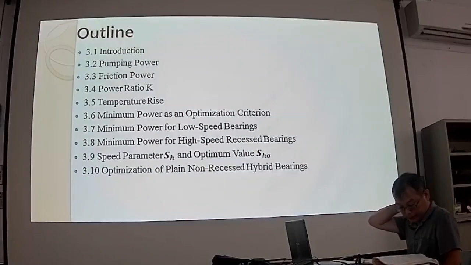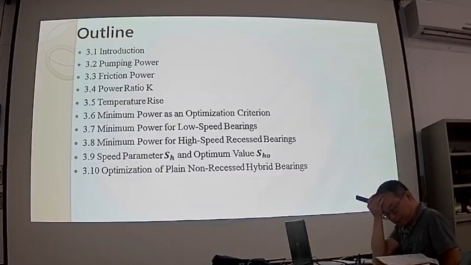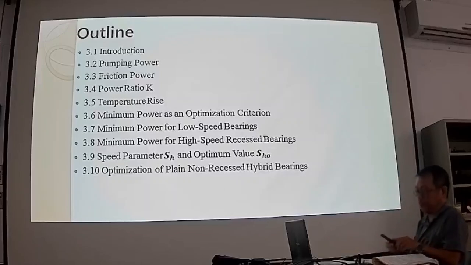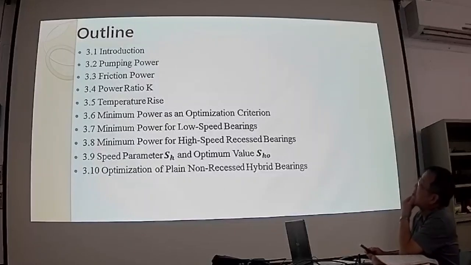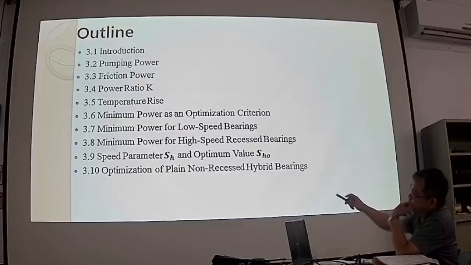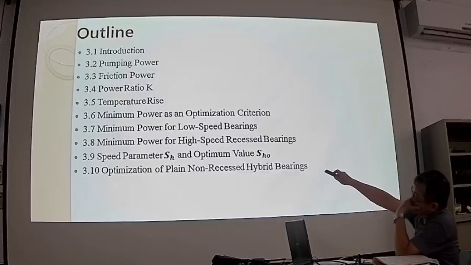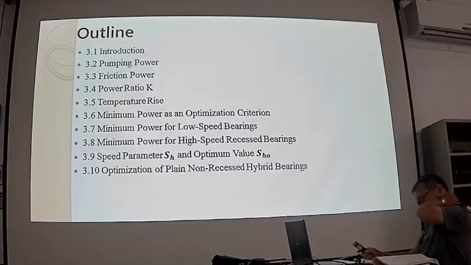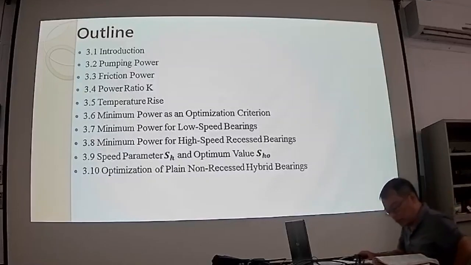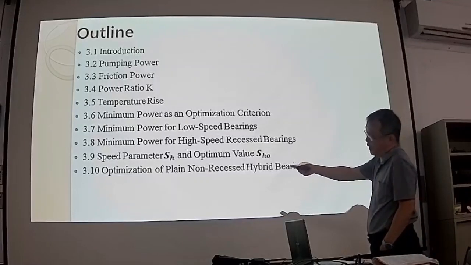Today we will continue to discuss the design of some parameters for the bearing test. Last time we talked about using the power ratio K to classify what is the low speed bearing and what is the high speed bearing.